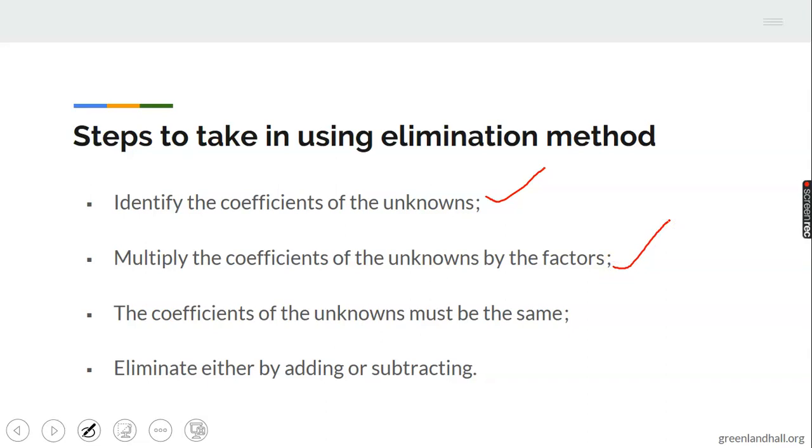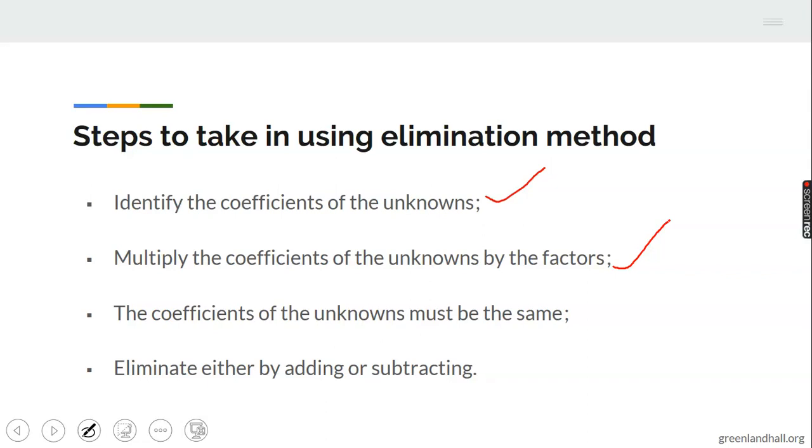The next step is the coefficients of the unknowns must be the same. Must be the same means the numbers attached to the unknowns must be the same.